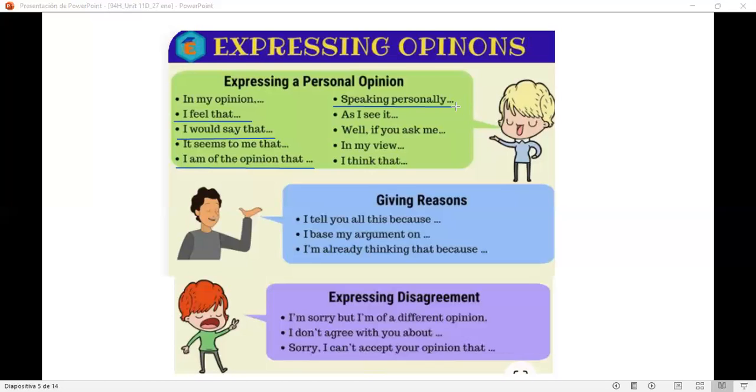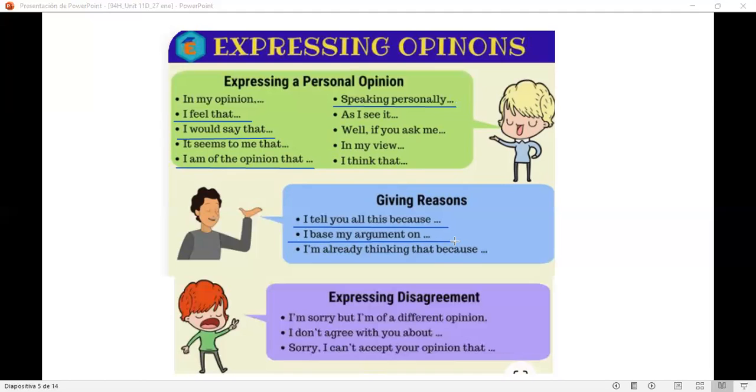And when you want to give reasons, cuando quieren decir la razón de algo, tenemos también un par de frases. I tell you this because, te digo esto porque. Because I base my argument on, yo baso mi argumento en esta razón.